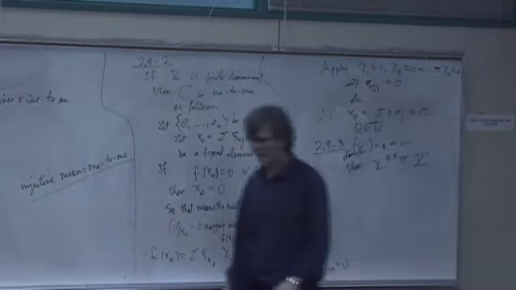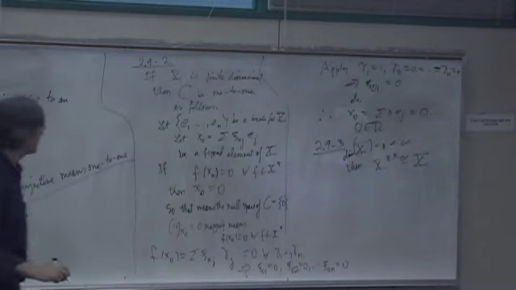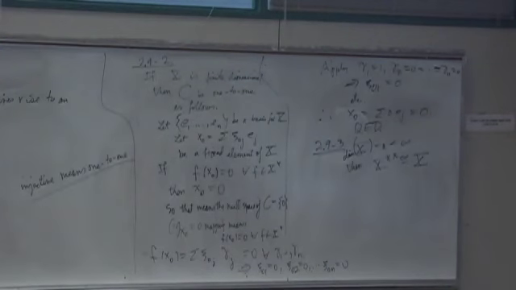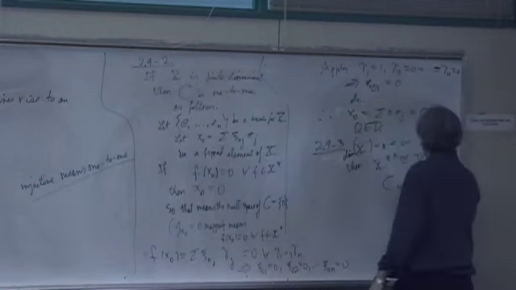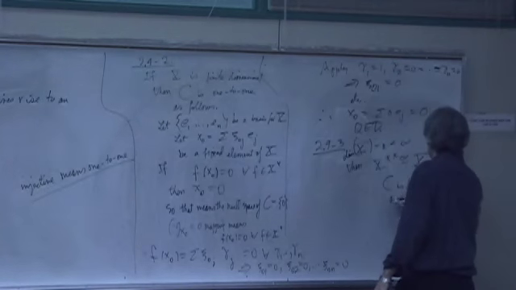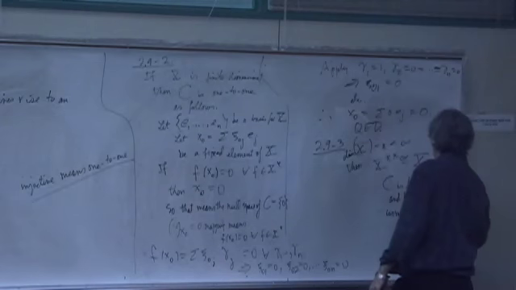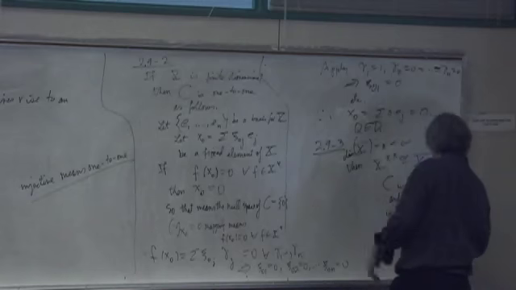Where C is an isomorphism means that it's linear and bijective. Linear and bijective. That's an isomorphism of vector spaces.